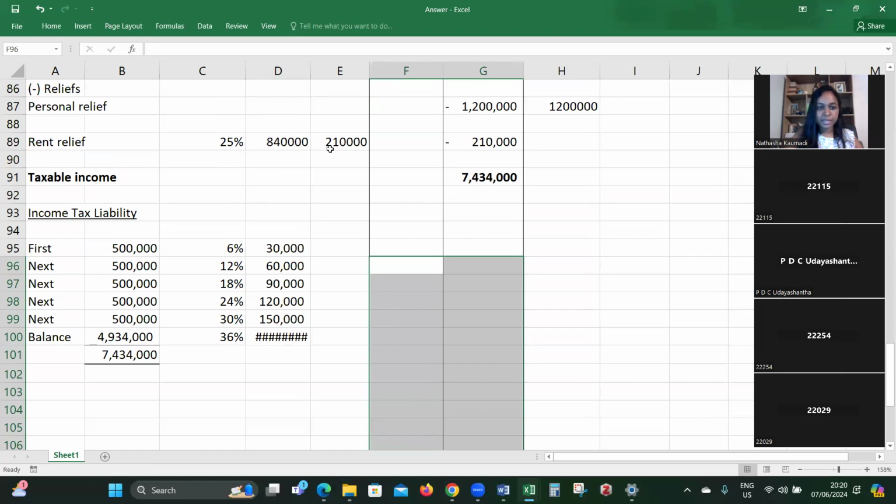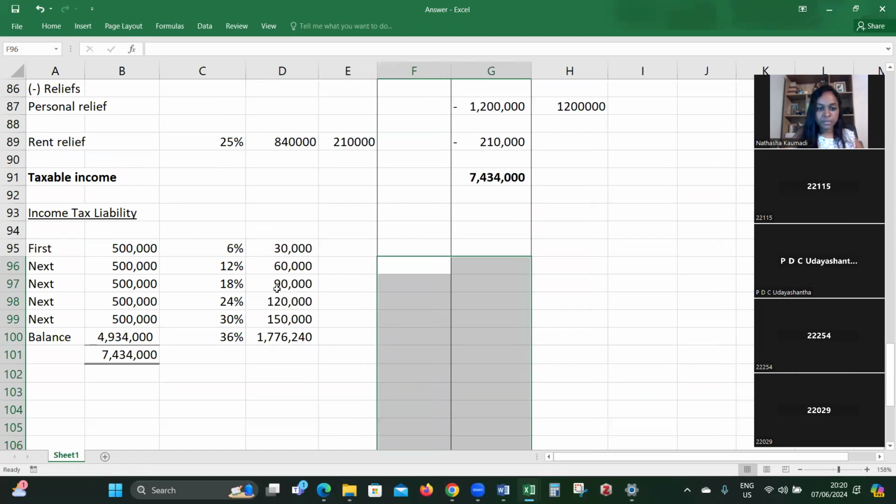Okay, so you can see what is the total income tax payable? 30,000, 60,000, 90,000, 120,000, 150,000, 1,776,240. If you have any different answers, just let me know. So this is the tax amount. I'm taking the total to this side.